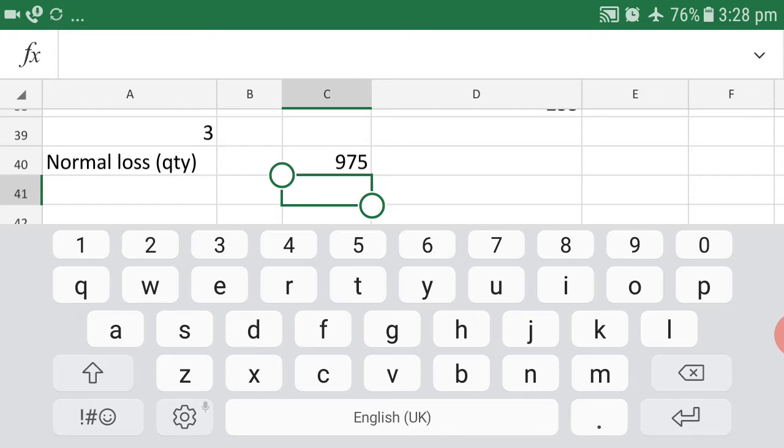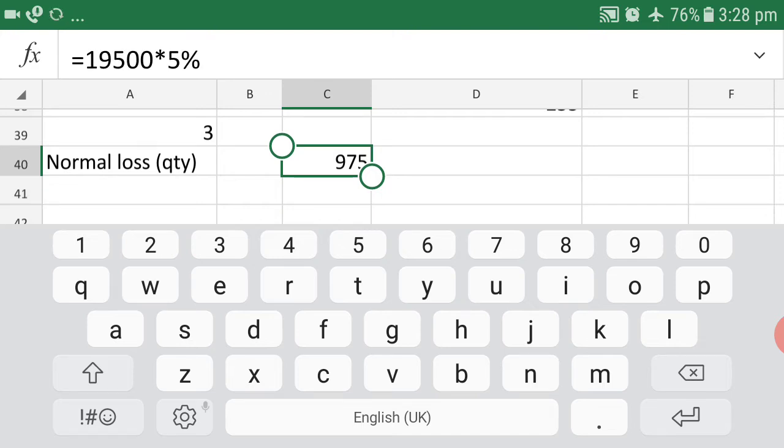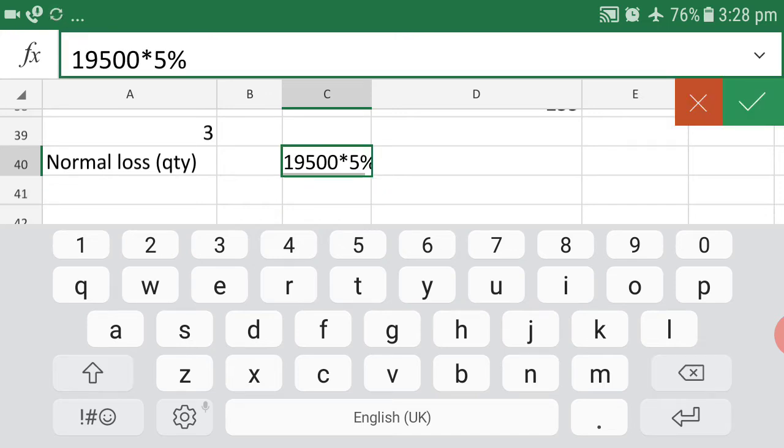And also in our question it clearly says that the output of process 1 is 19,500 units, so that will be the input of process 2. So how will we calculate? Input of process 2 into rate of normal loss.